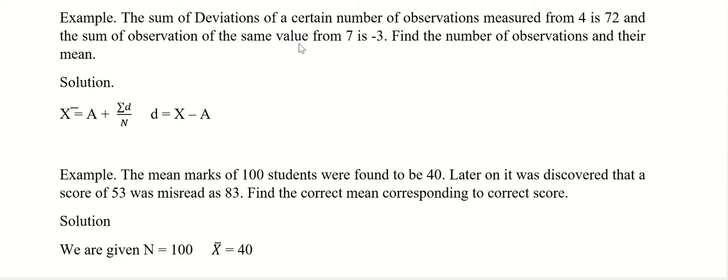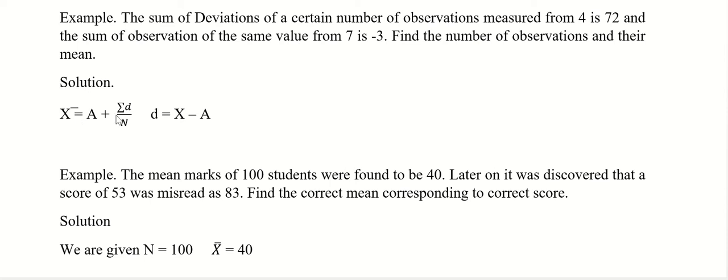If the assumed mean is 4, the sum of deviation would be 72. And if we take the assumed mean as 7, the sum of deviation would be -3. So we have two things given to us here, and we need to calculate the number of observations and the mean, right?